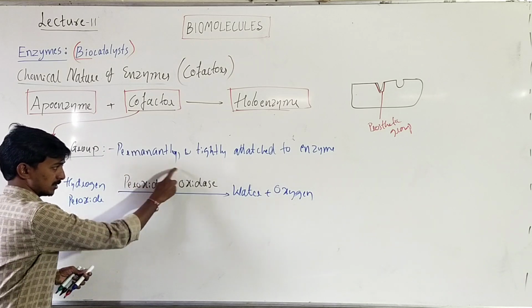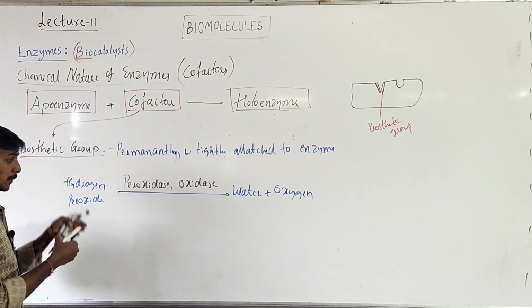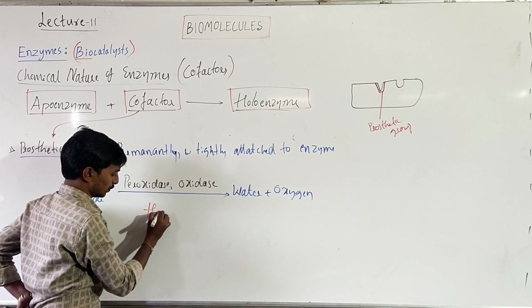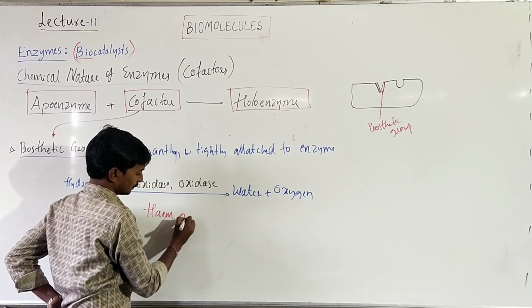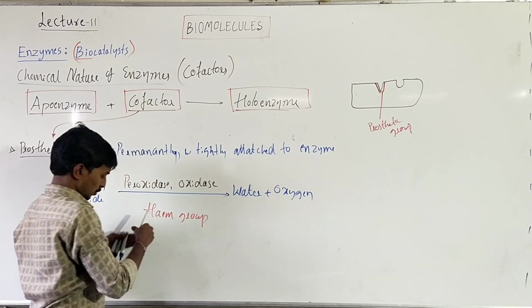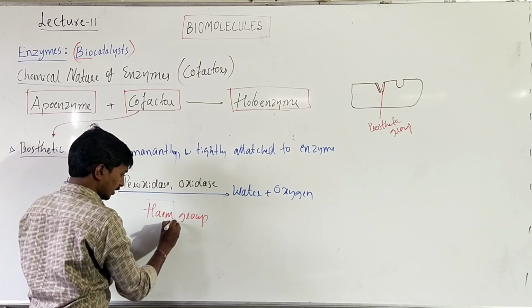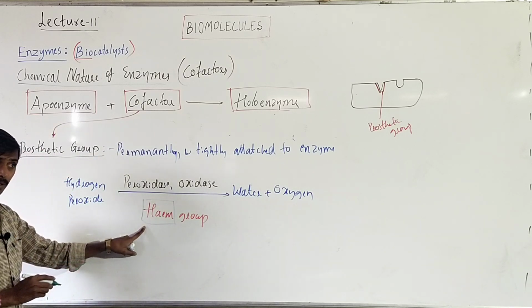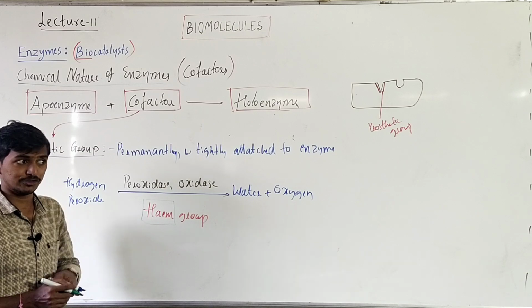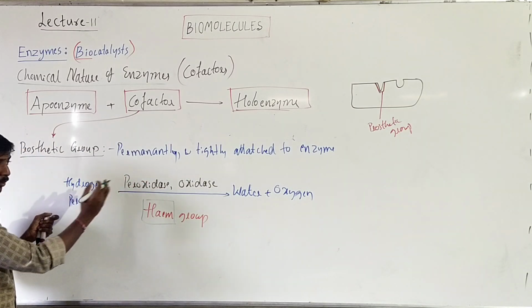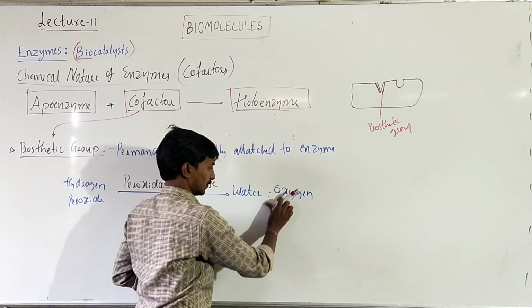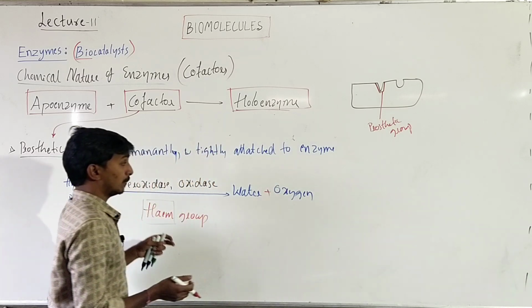So for these enzymes there is a prosthetic group called heme group. So heme is the prosthetic group for these enzymes which convert hydrogen peroxide into water and oxygen. Okay, so this is the meaning of a prosthetic group.